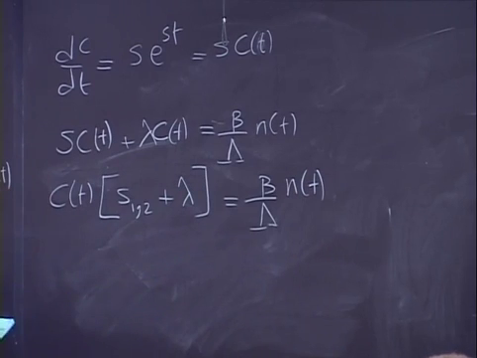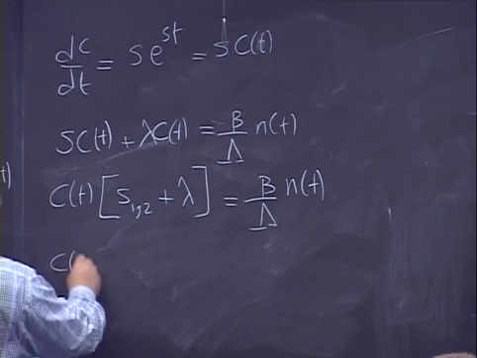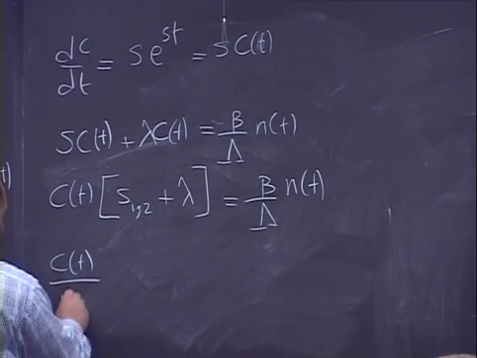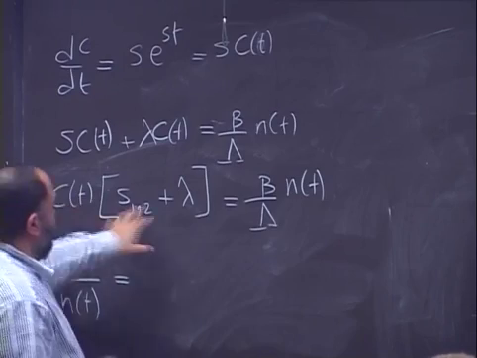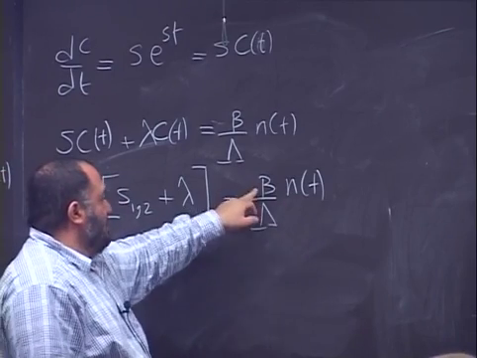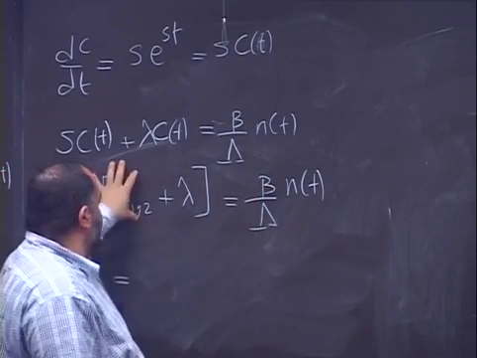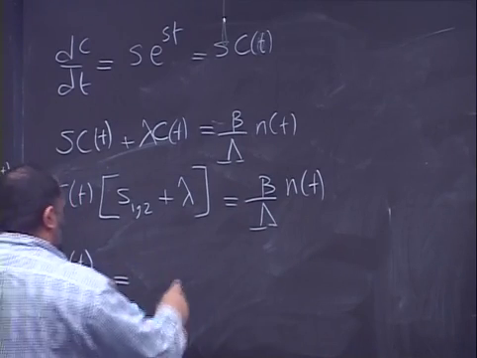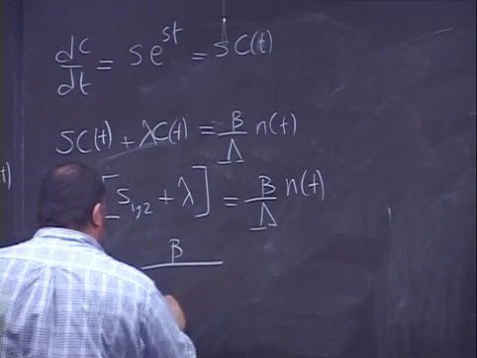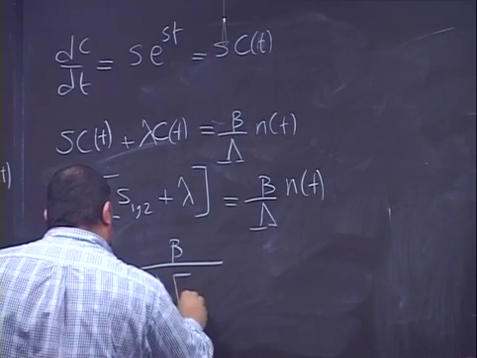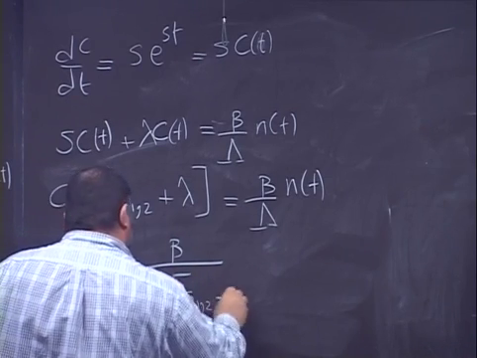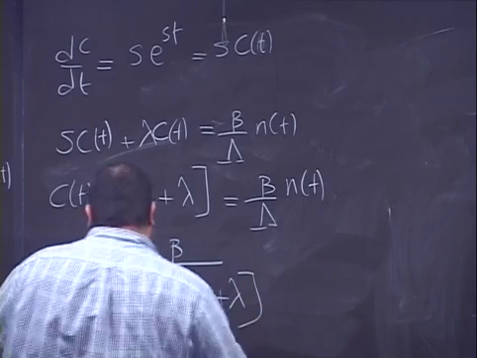So if you divide c of t by n of t, this will give you beta over gamma divided by S 1 and 2 plus lambda.